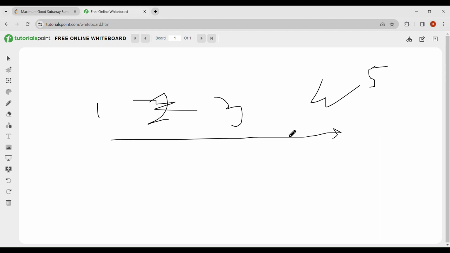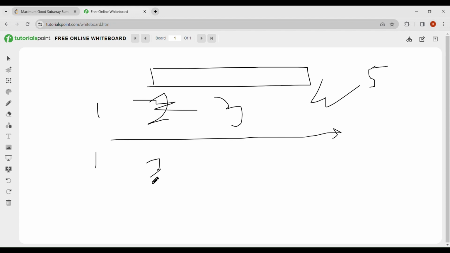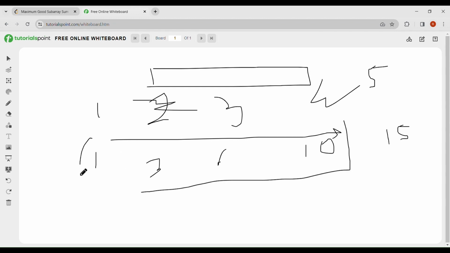If you want to sum up this area, in brute force you would go from this one to this one. But if you are given the indices, it is better to store the values in a prefix: 6, 10, 15. Then you take this prefix minus this prefix, and you get the answer.